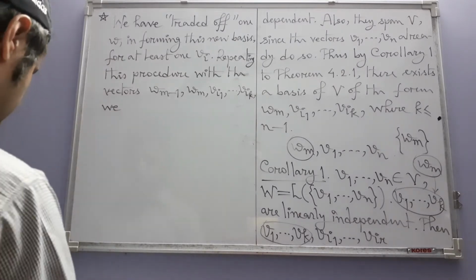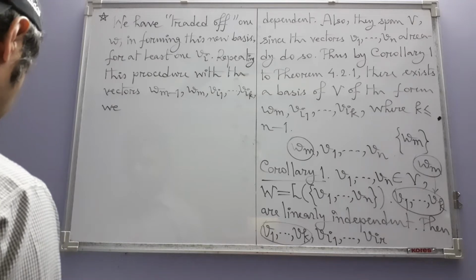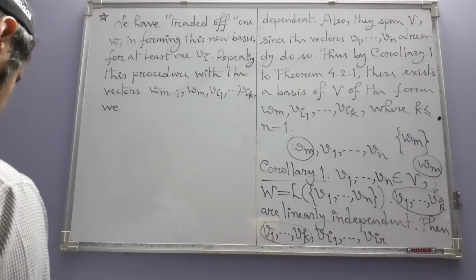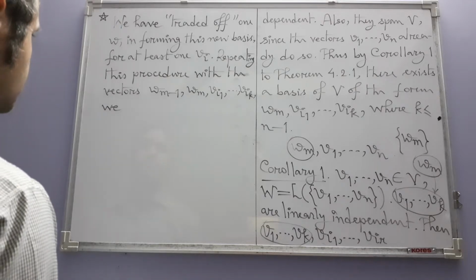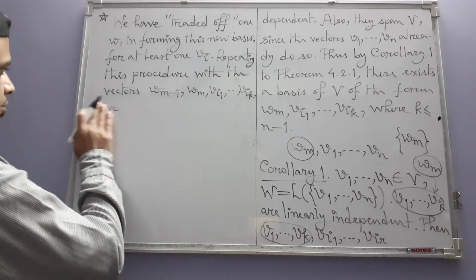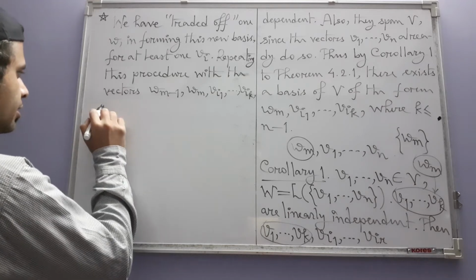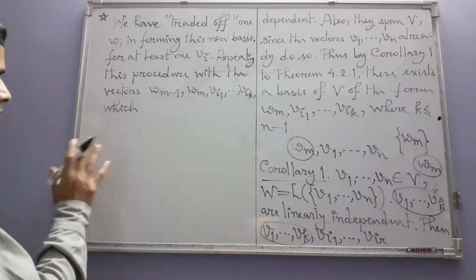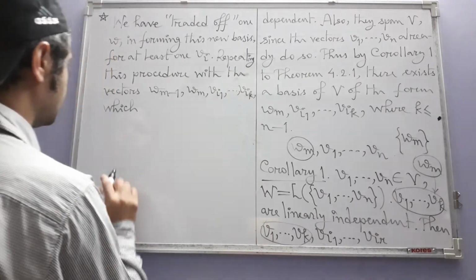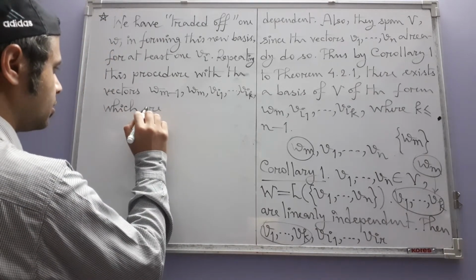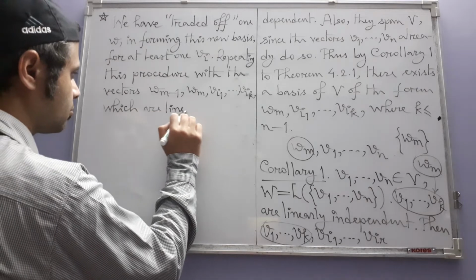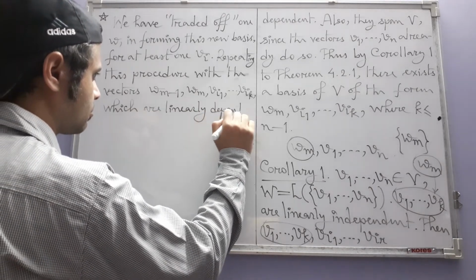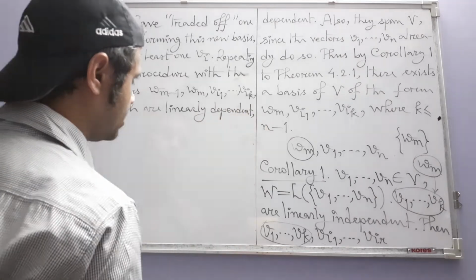We can extract a new basis with the vectors which are linearly dependent. Actually, there are two lines. Let me write those things in one line itself, which are linearly dependent.